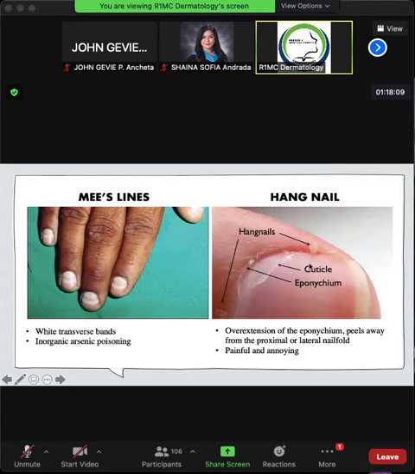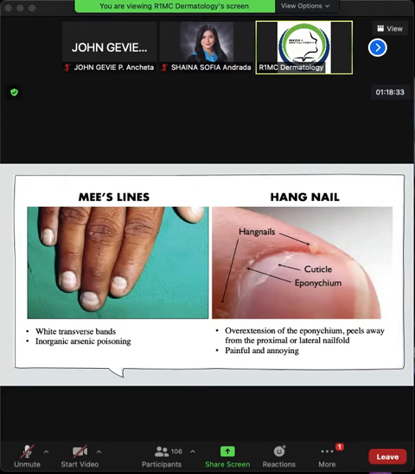So next is your hangnails, which is an overextension of your cuticle or your eponychium, which becomes split and peels away from the proximal and your lateral nail. So these lesions are actually painful and annoying.